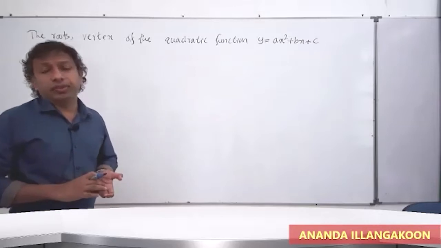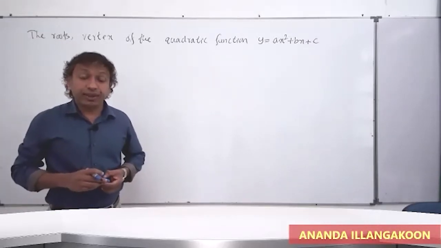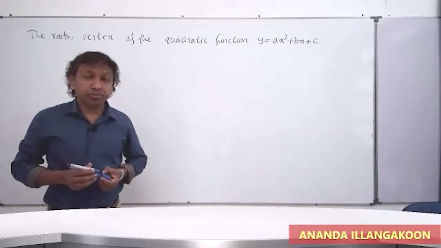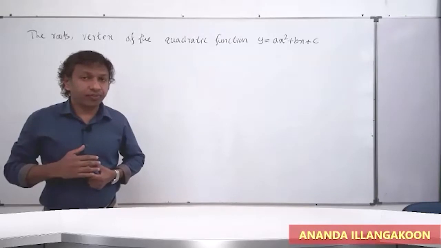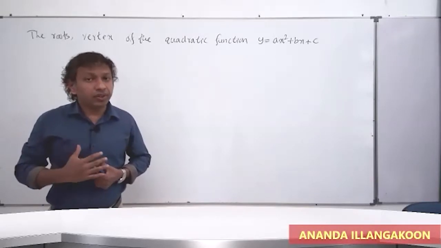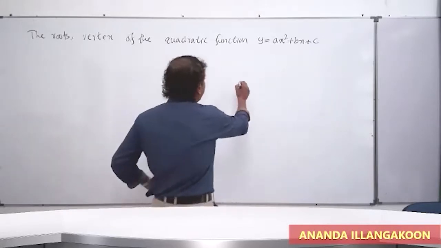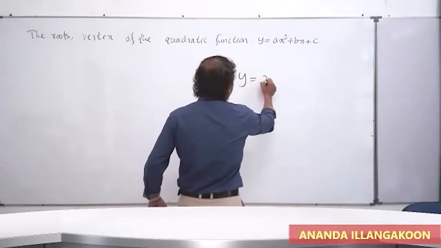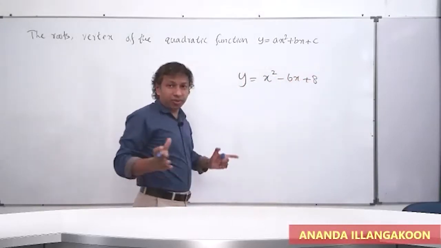People, you can remember last week I explained a particular method of finding the coordinates of the vertex and the roots for a given quadratic function. Now, for example, if I take this one, x squared minus 6x plus 8, can you remember this?